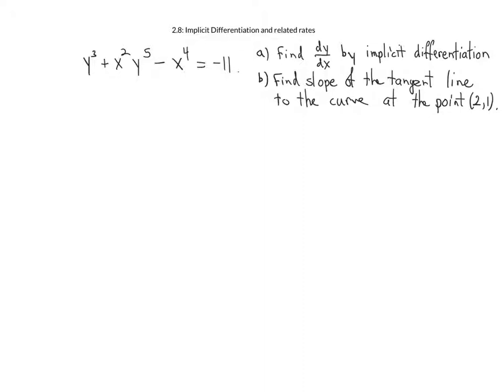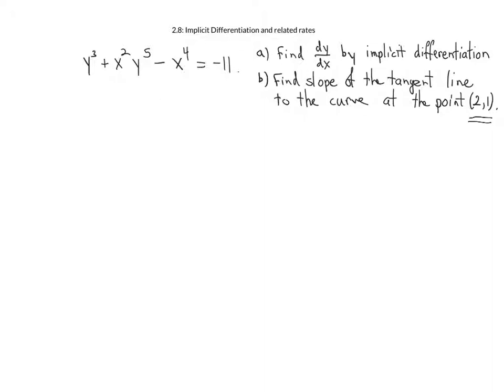Now, if you're the curious sort, you might wonder, is it really the case that this point lives on the curve determined by this equation? We check that by plugging in x equals 2 and y equals 1 into this equation.